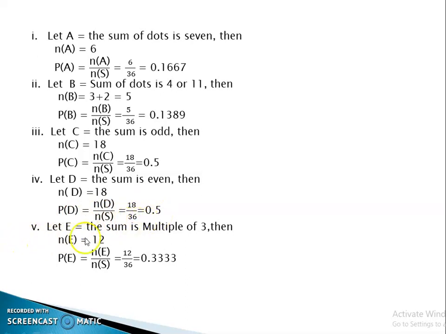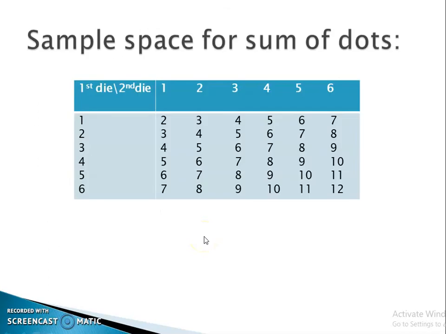In the fifth part, let E denote the event that the sum is a multiple of 3. Let's see the sample space. Multiples of 3 are the outcomes 3, 6, 9 and 12. So 3 is repeated 2 times, 6 is repeated 5 times, 9 is repeated 4 times and 12 is only once.